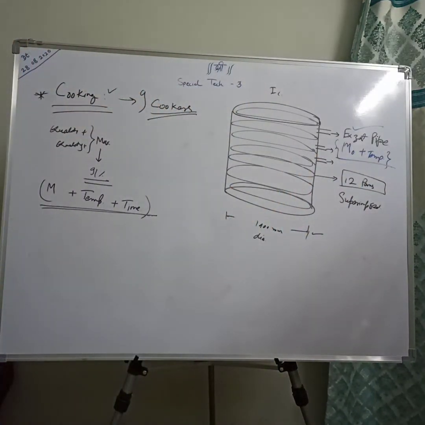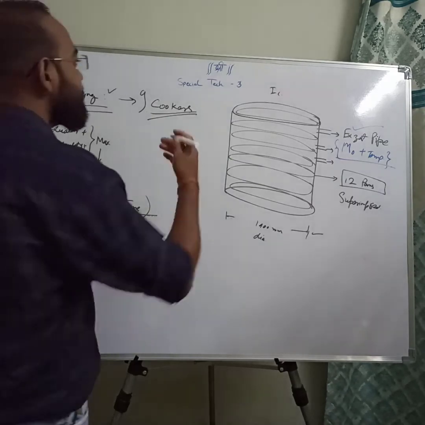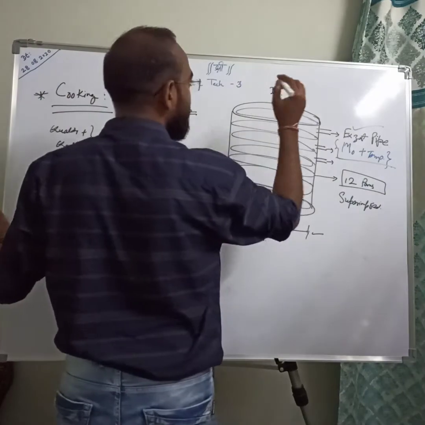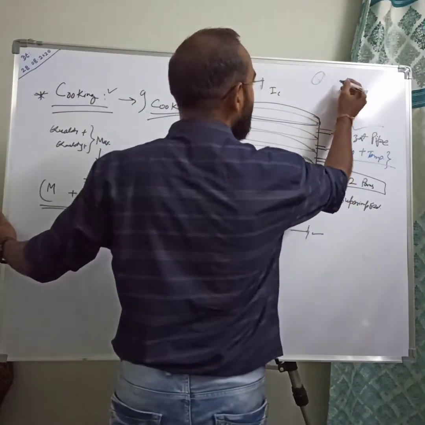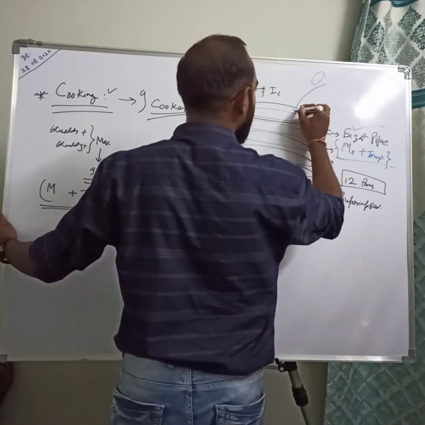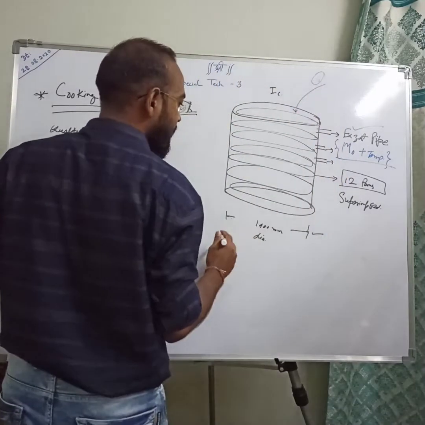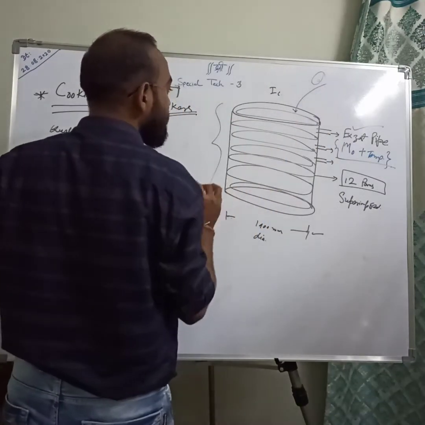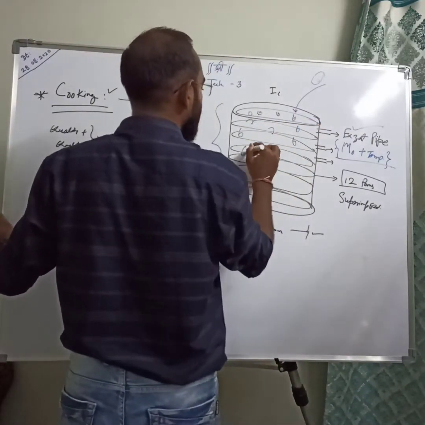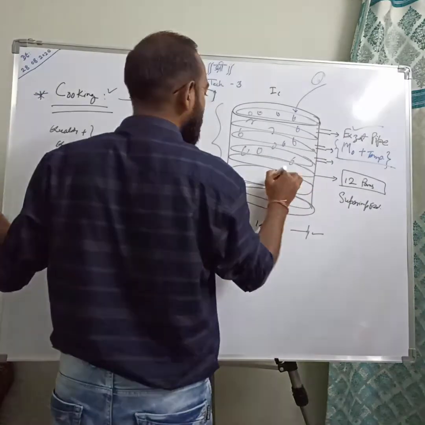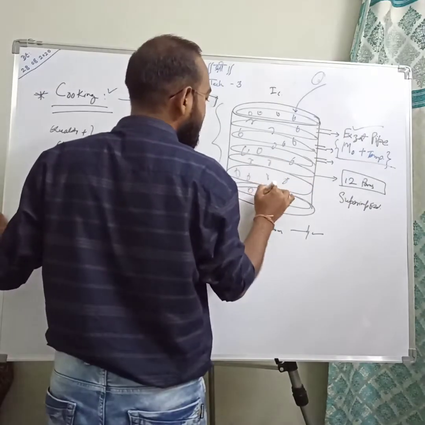Now let's focus on how the operation is carried out. Initially, your pre-treated seeds, after all the 6 steps of pre-treatment, are fed into the cooker. This is your cooker. So all over, seeds are present. These are your oil seeds, which are already pre-treated.